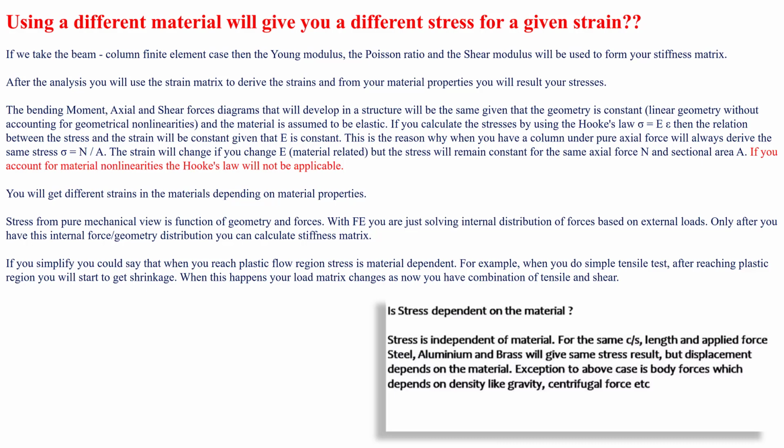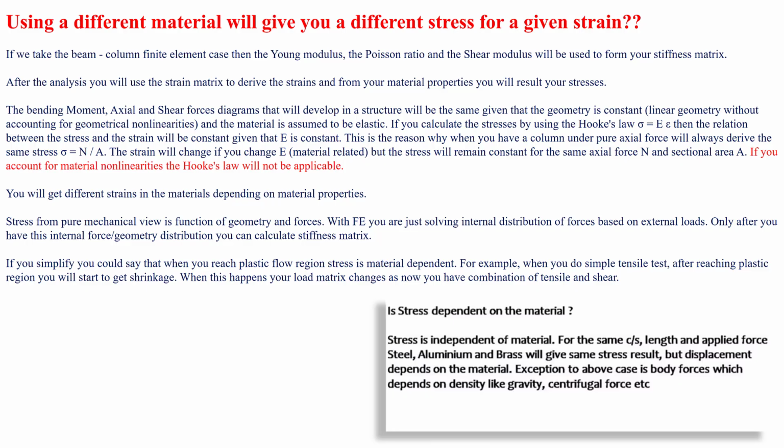So when you add the bending moment, axial stress, and shear force diagrams, those will be developed in the structure, given that the geometry is constant. If you consider the material to be under the elastic limit, it will take Hooke's law into account, that is stress equal to Young's modulus into strain. This relation will be taken into account.